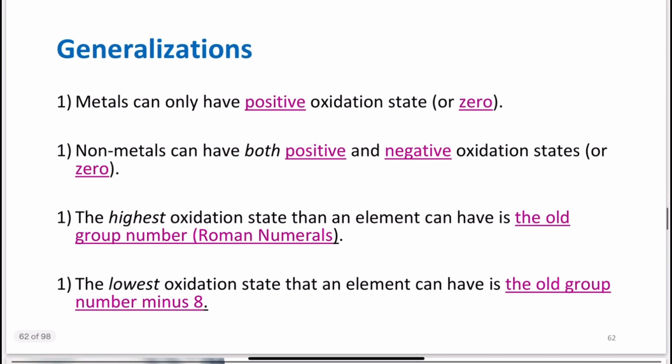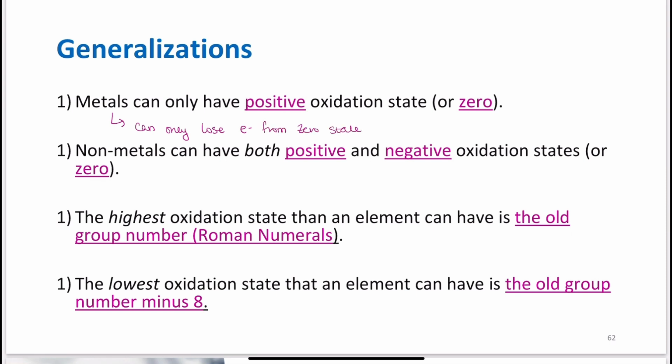There are some generalizations you can make here. First of all, metals can only be positive or zero. Everything can be zero, but metals can only lose electrons from their natural state, from their zero state, meaning that they can only form positive oxidation states or zero if nothing's happened to them.